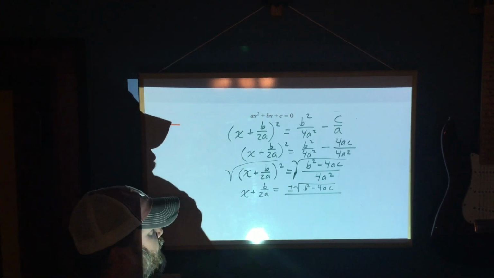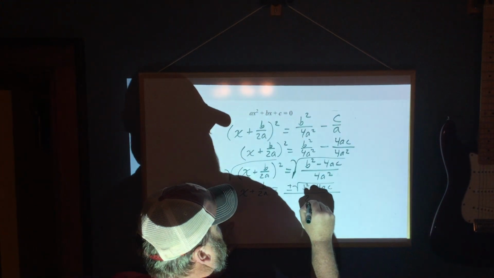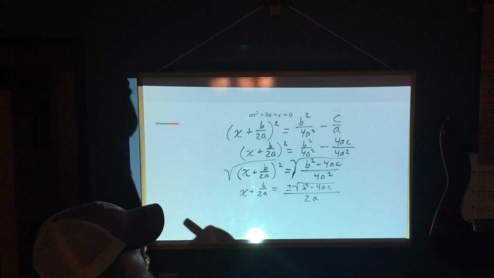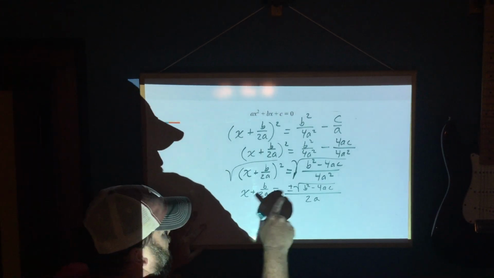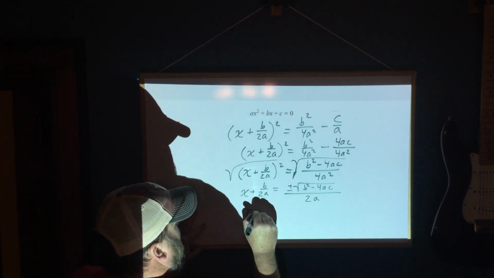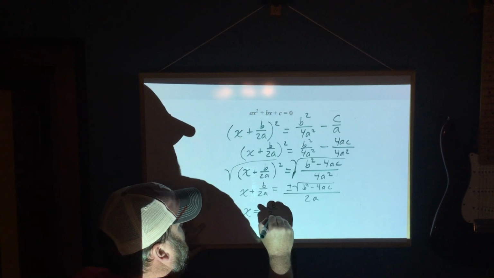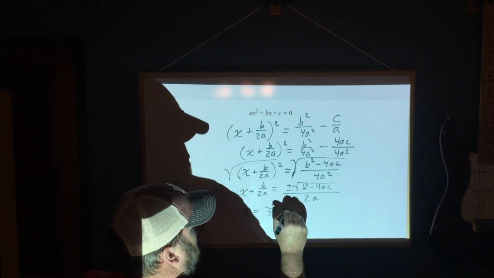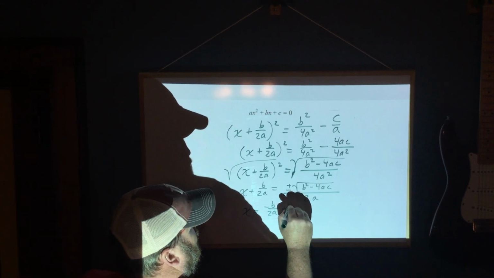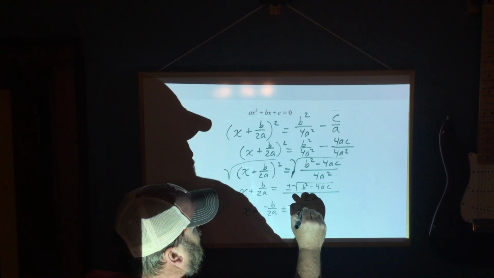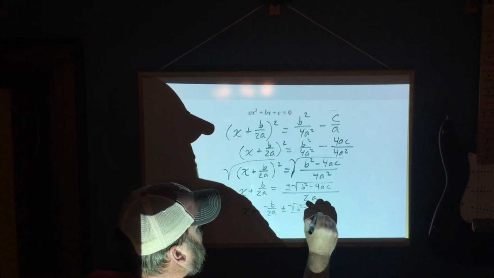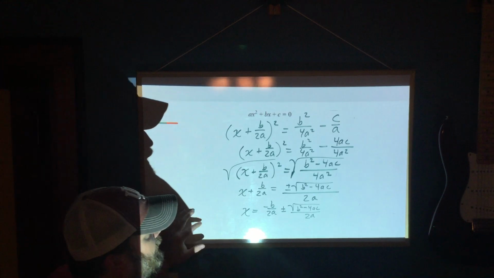A squared is a perfect square. So that just factors to 2a. Take this term and transpose it over. So now I have negative b over 2a plus or minus the square root of b squared minus 4ac over 2a.